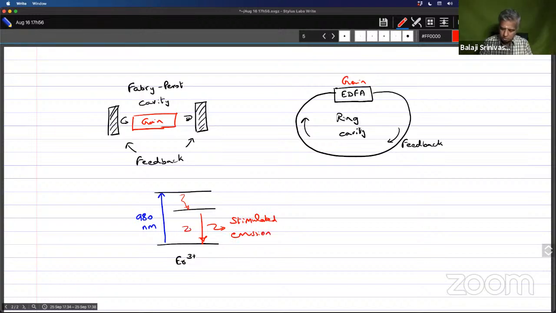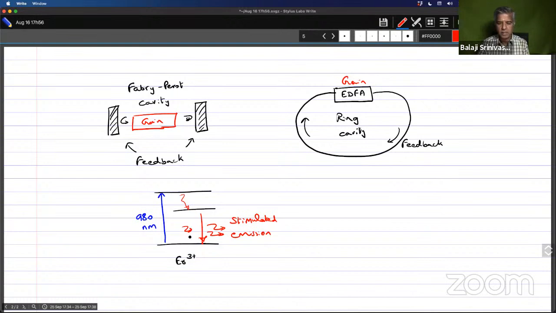So of course, to get a stimulated emission, you need to stimulate with a photon corresponding to this energy difference, and then you can get two photons out with the same properties. Right. So that is what we are talking about as far as an amplifier is concerned.